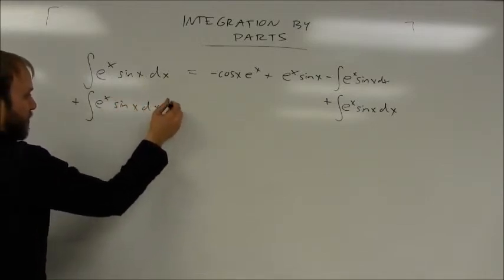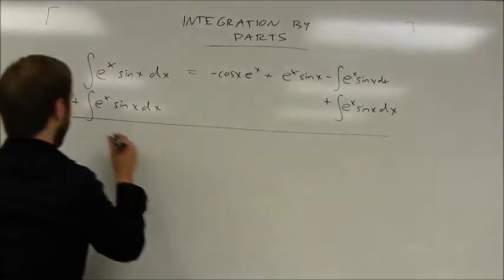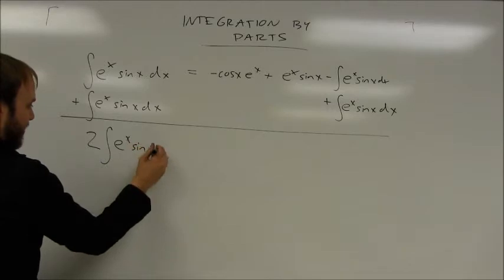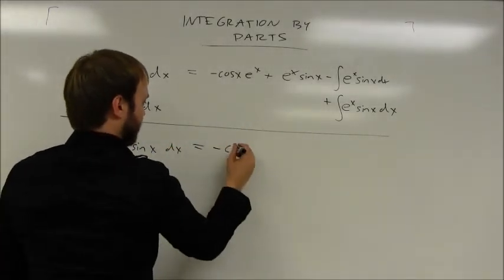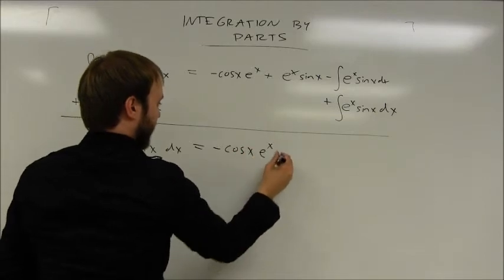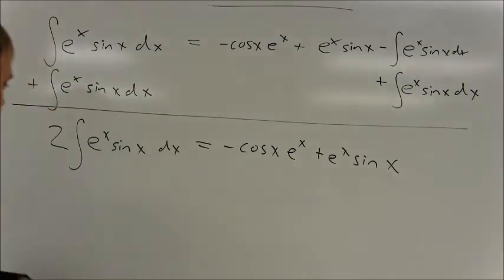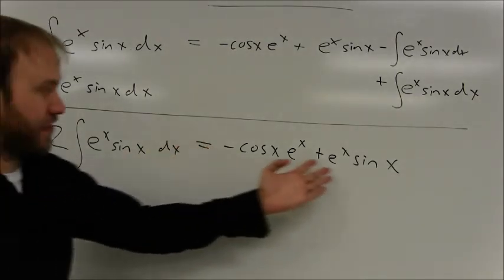And basically what's going to end up happening here is I'm left with two integrals of e to the x sine of x equaling this stuff over here. That's going to leave me with two integrals of e to the x sine of x dx equaling this over here.